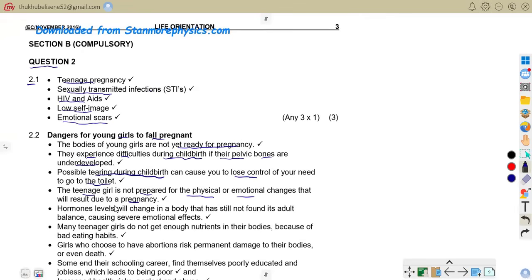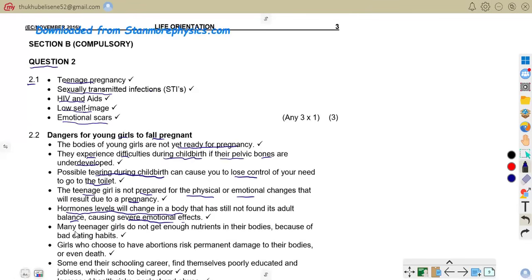Teenagers often struggle to handle the body changes and emotional stress that come with pregnancy. Hormone levels change in a body that has not yet found an adult balance, causing severe emotional effects. Rapid hormonal changes can cause mood swings, depression, as well as anxiety. So that is that.